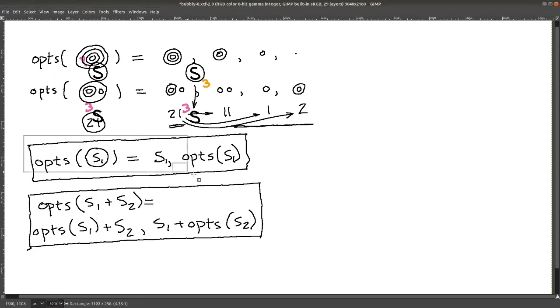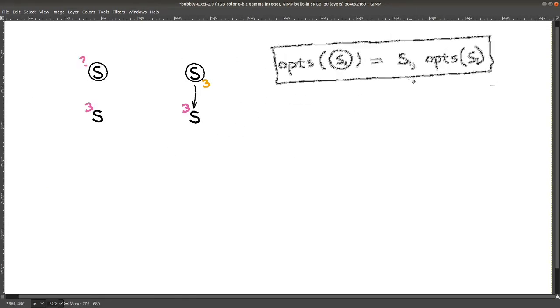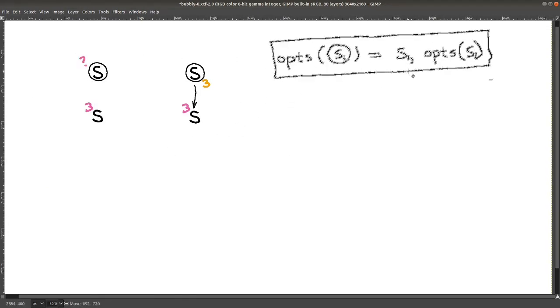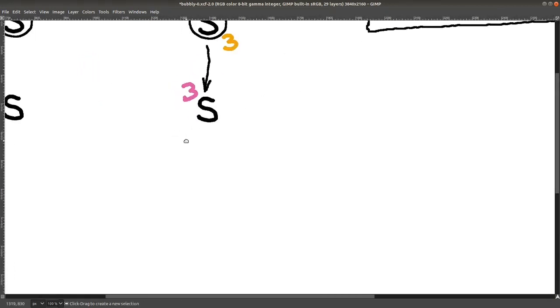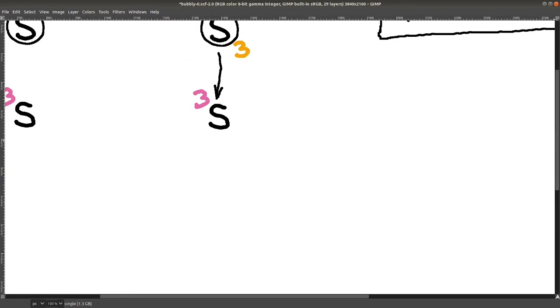Yeah, here's the rule. I'll copy it over. The options of this state consist of S itself and everything you can get to from S. All right, so, in general, that could be anything, but let's just depict it here. Yeah, there might be some other states here.